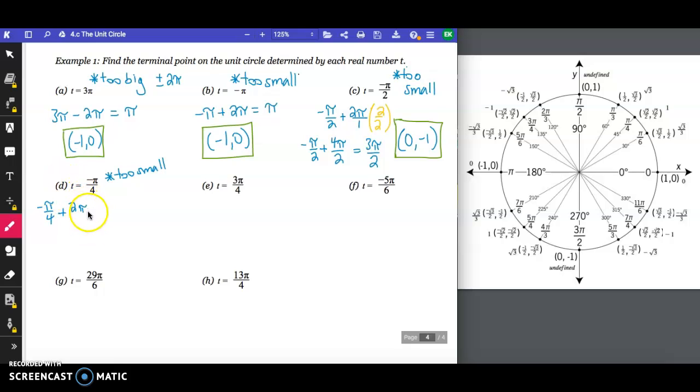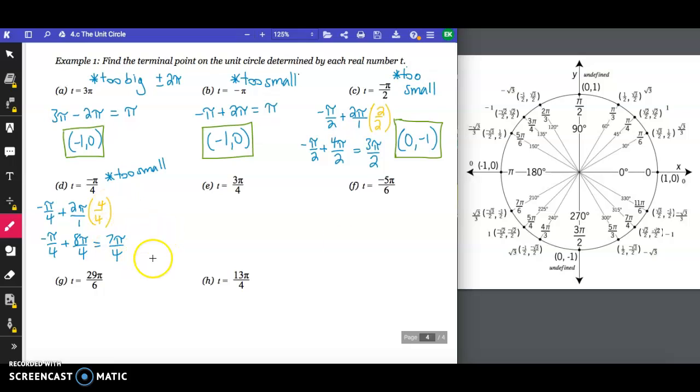I need to get common denominators, so that's 2 pi over 1 technically. So it needs a denominator of 4, so I'll give it a 4 over 4. So really this problem turns into negative pi over 4 plus, let's see, 2 pi times 4 is 8 pi over 4. 7 pi over 4 would be the coterminal angle.